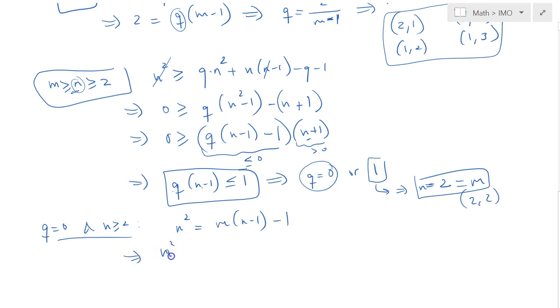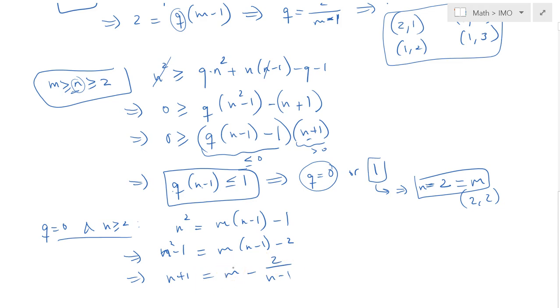So this would imply n squared minus 1 is equal to m times (n minus 1) minus 2. And now dividing both sides by n minus 1, on the left hand side I would be left with n plus 1 is equal to m minus 2 over (n minus 1).